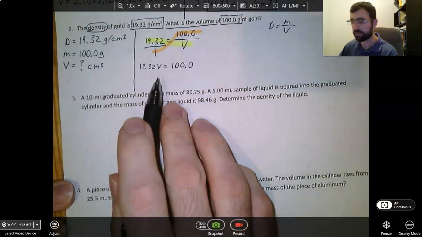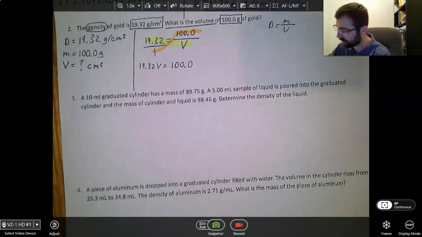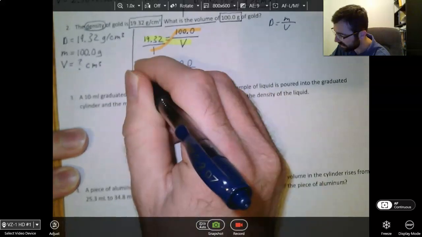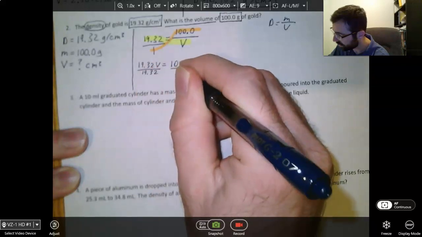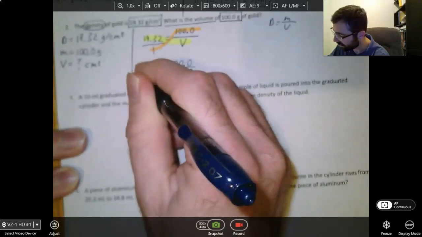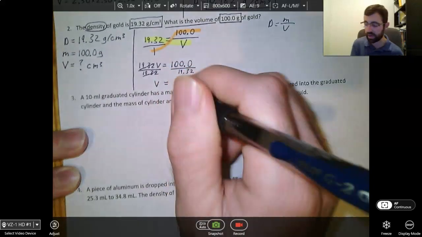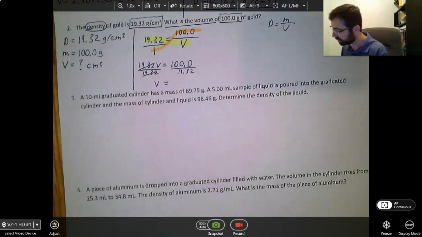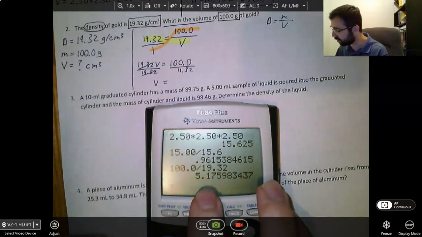And then I solve for this just like I'm solving for X. If I wanted to get V by itself, I'm going to divide both sides by 19.32. That would get rid of 19.32. So I end up with V equals 100.0 over 19.32, and I get 5.176.